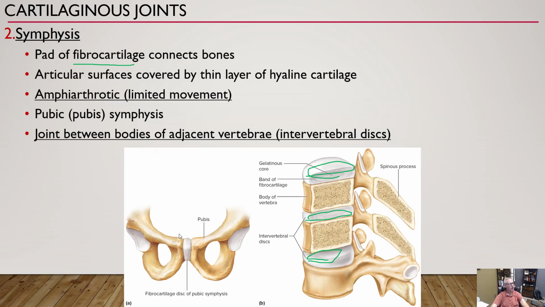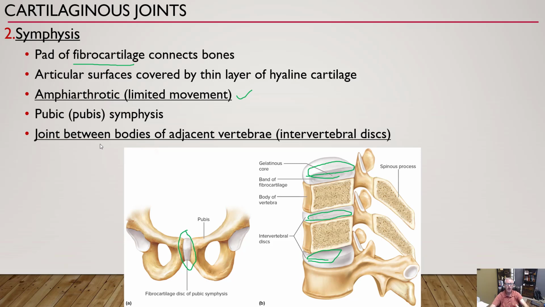Your symphysis pubis, remember I talked about that earlier, allows for expansion for childbirth. They are going to be amphiarthrotic, limited movement. You can't twist your spine all the way around. Your hip bones can't fully come apart.